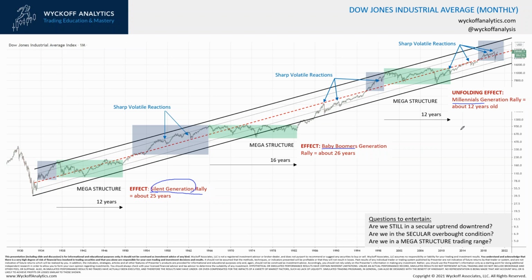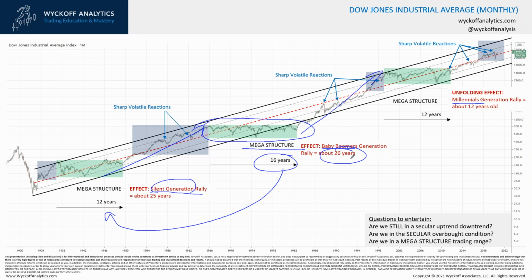They are the consumer driving force behind a lot of economic activity that we have in the US and even around the world, as the world is now so open. So you could see that the rally is unfolding and then it stops, and then the price goes into another mega structure that lasts approximately the same number of years. The next rally is approximately the same number of years as the previous rally.